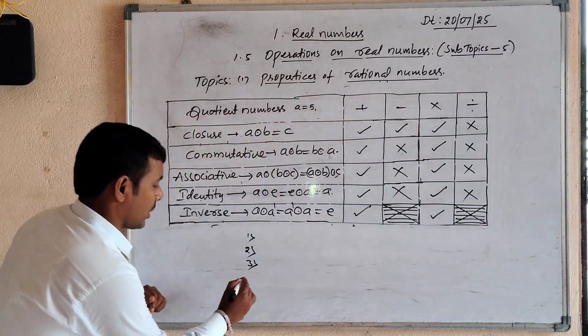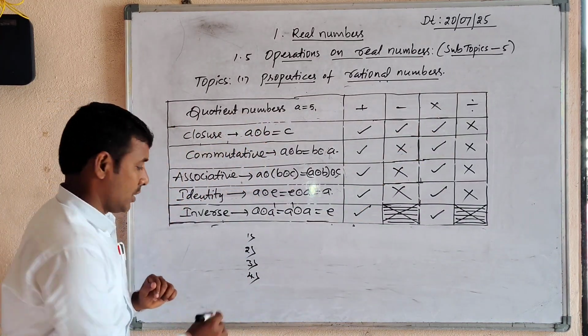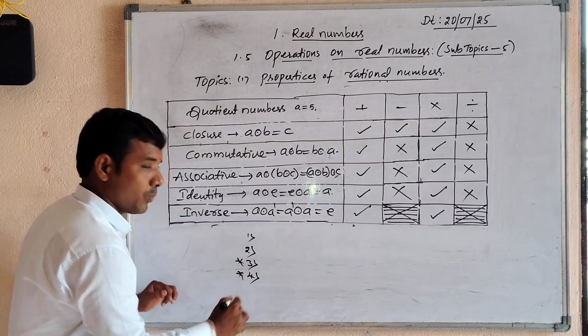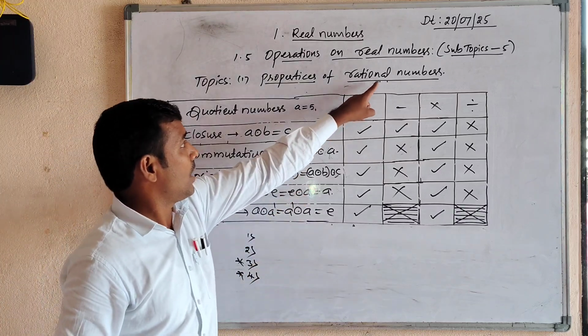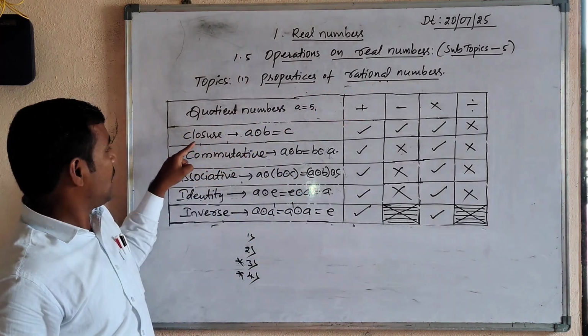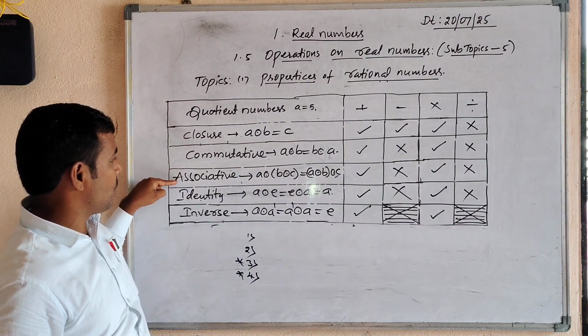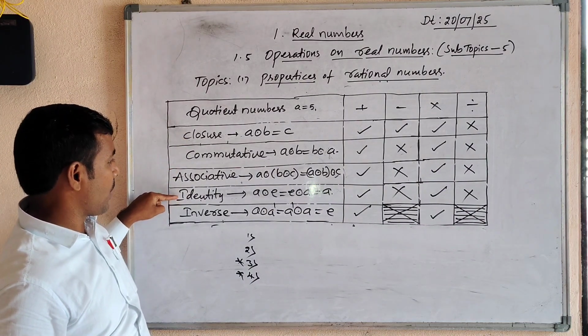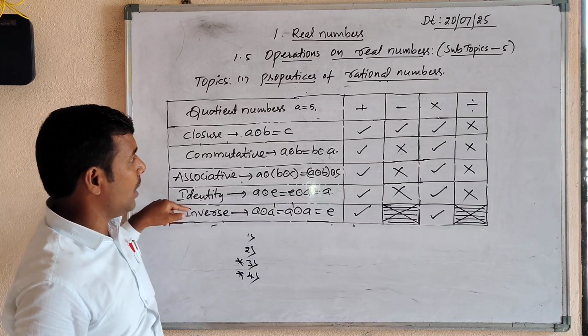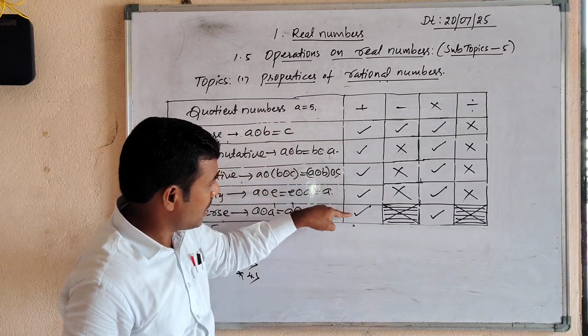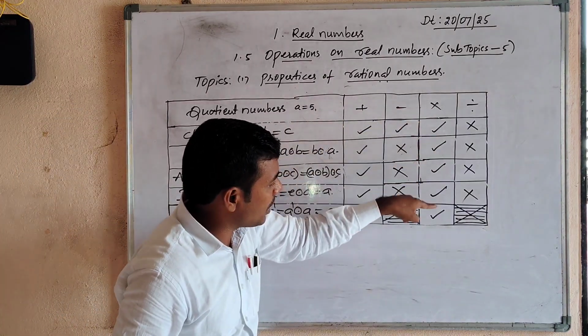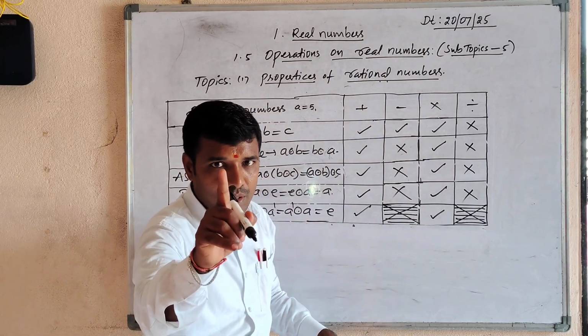One more important thing, fourth one. This is very important. Now fourth one, I want to say that rational numbers satisfy the closure property, commutative property, associative property, identity property, inverse property under addition and multiplication only. Once again I am repeating, beta.